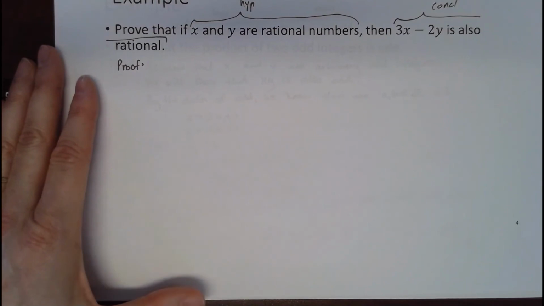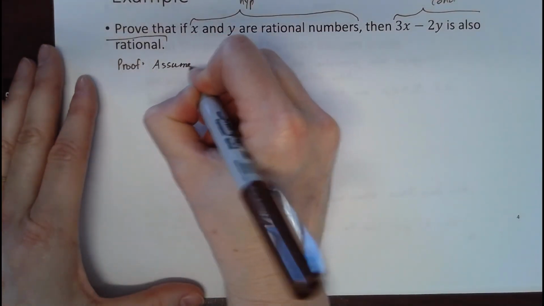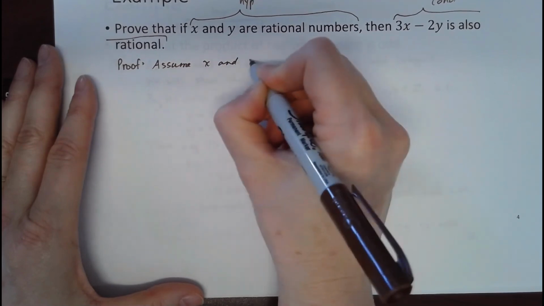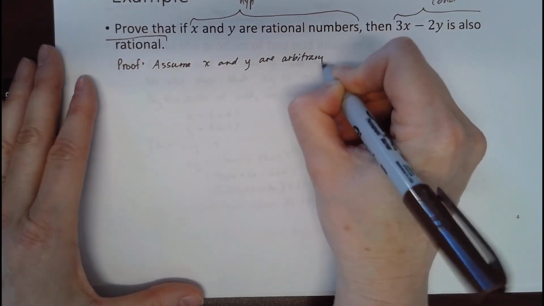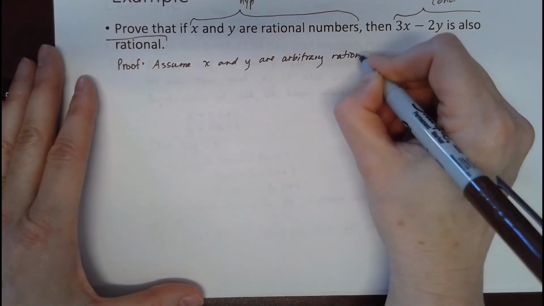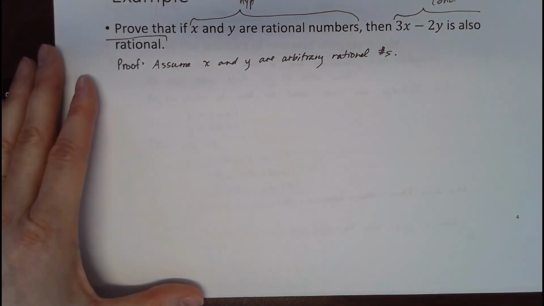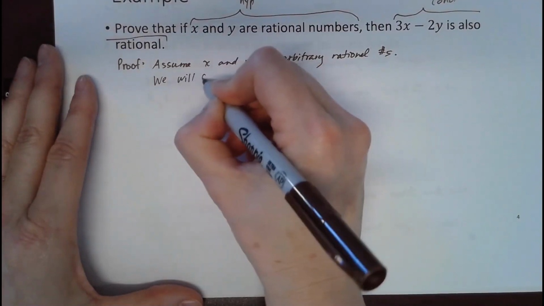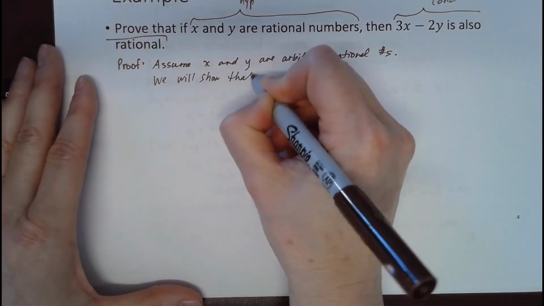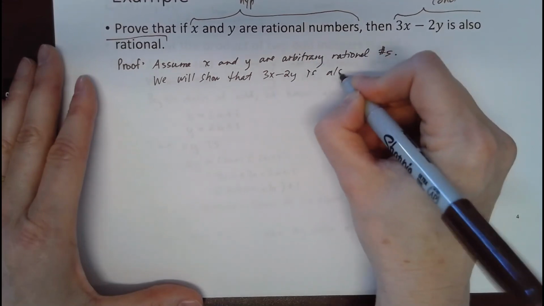So we're going to assume x and y are arbitrary rational numbers, and then we'll show that 3x minus 2y is also rational.